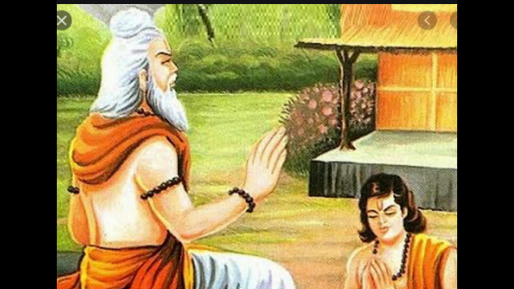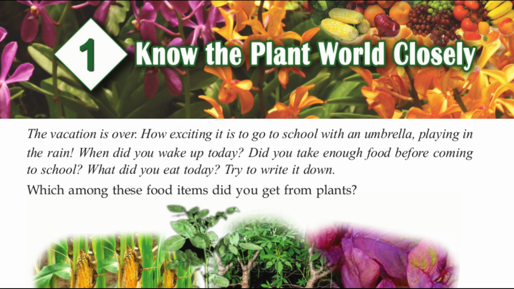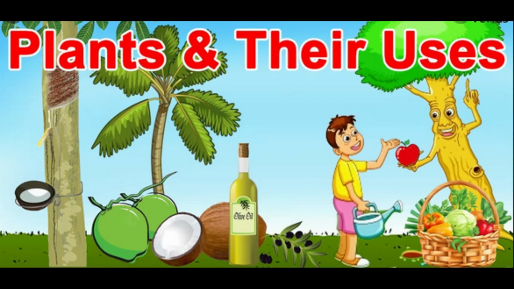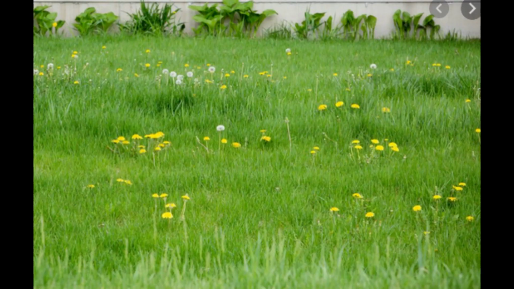Dear children, this is the chapter that we have to learn together from today onwards. The title of the chapter is Know the Plant World Closely. Let's observe your surroundings. You can see different types of plants around your house. Which are they?